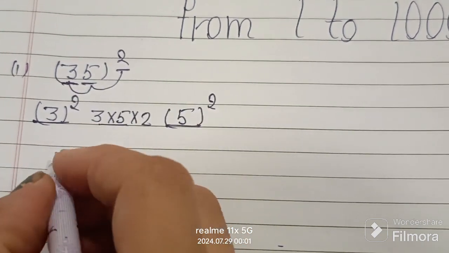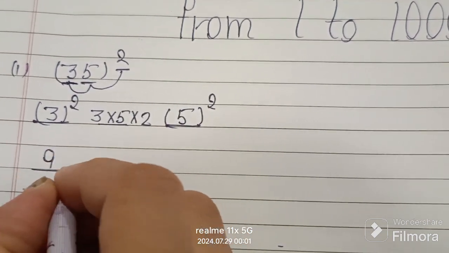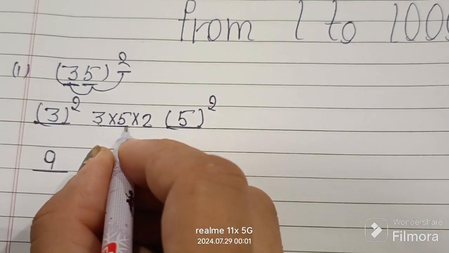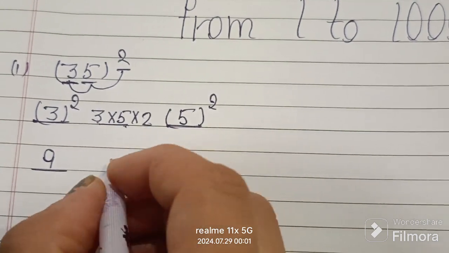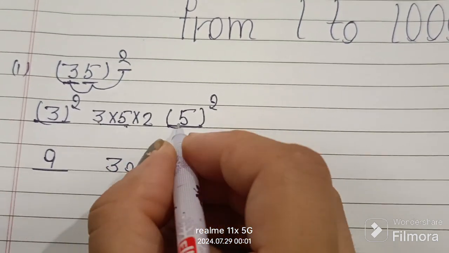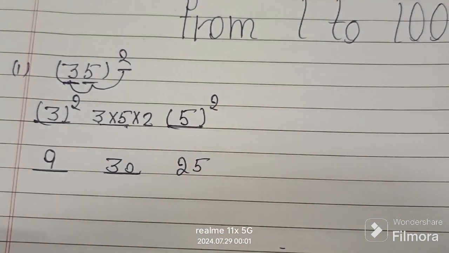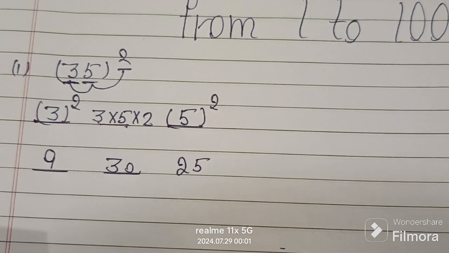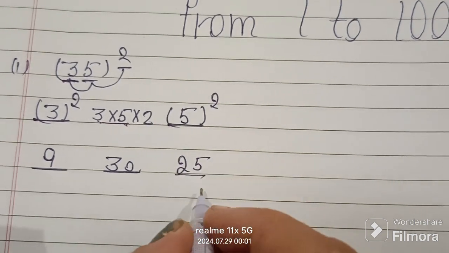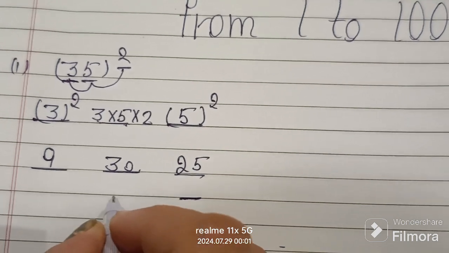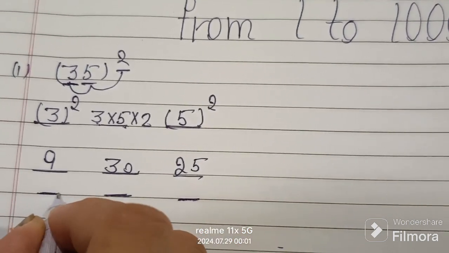So 3 squared is 9. 3 times 5 is 15 and 15 times 2 is 30. 5 squared is 25. The interesting fact of this trick is I can write only one digit in one part.